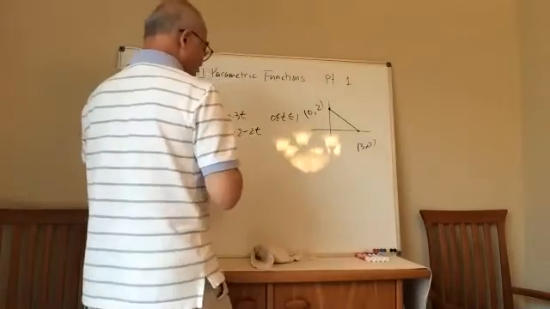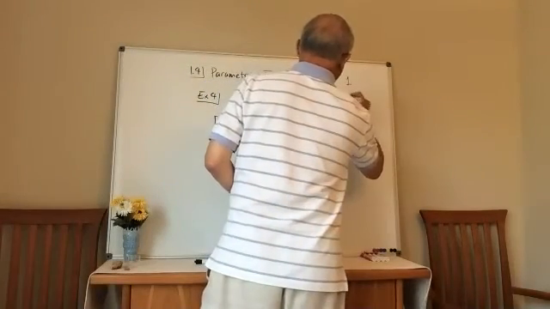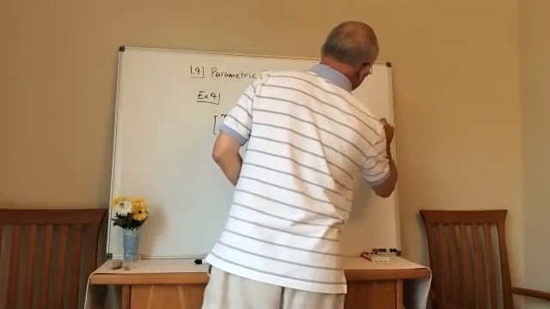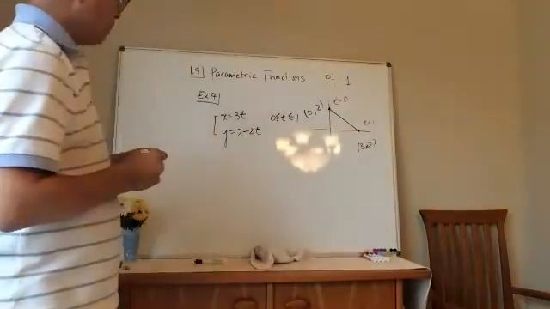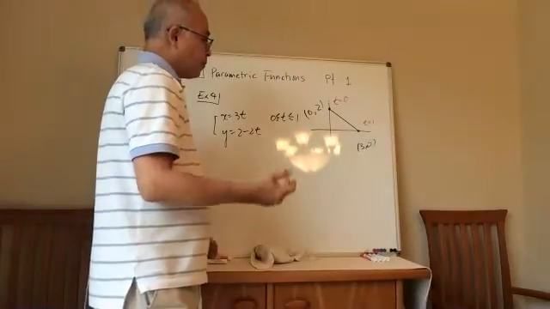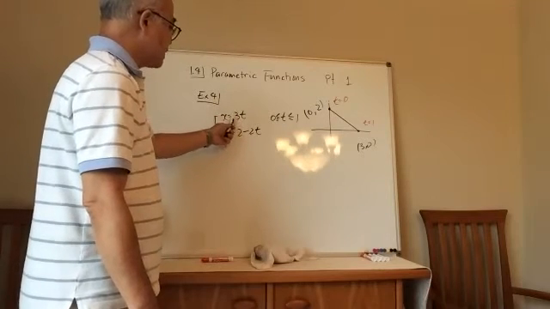So let's take a look here, what's happening. When t is equal to 0, this is what I have. When t is equal to 1, I'm at this point right here. Can anybody tell me what this 3 here means?